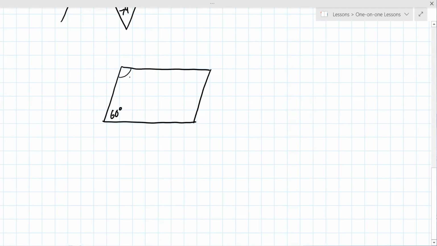And the answer is A plus 60 has to equal 180. So that means A is 120. Oh, okay. And 120 plus B has to equal 180. Well, that means that B is 60. Oh, and opposite angles are congruent. Okay, opposite angles are congruent.